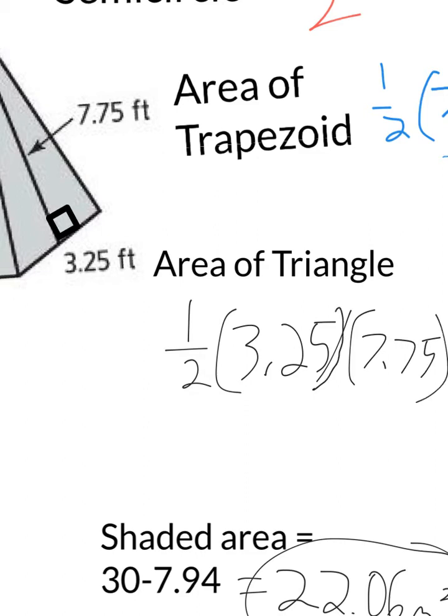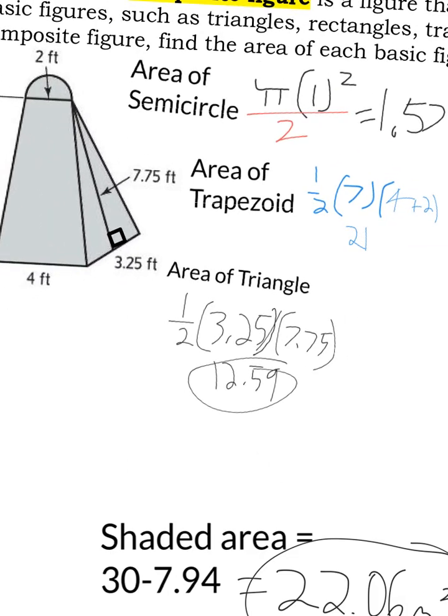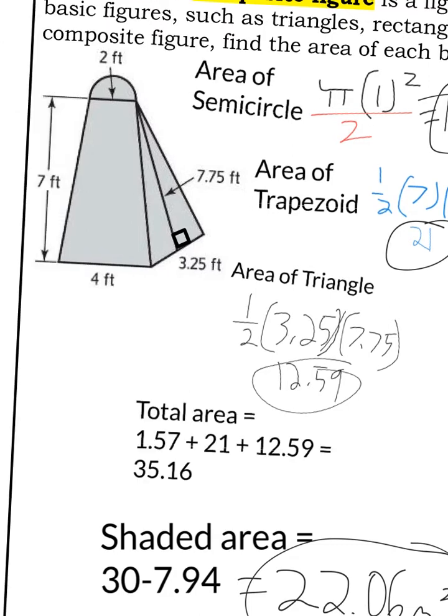Looks like my area of my triangle is 12.59 square feet. So now I just need to add these three areas up. Add up 12.59, 21, 1.57, and my total area is going to be 35.16. All right, and then don't forget your unit. That was square feet. And there we go.